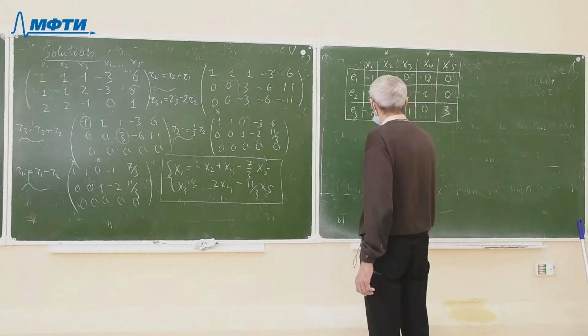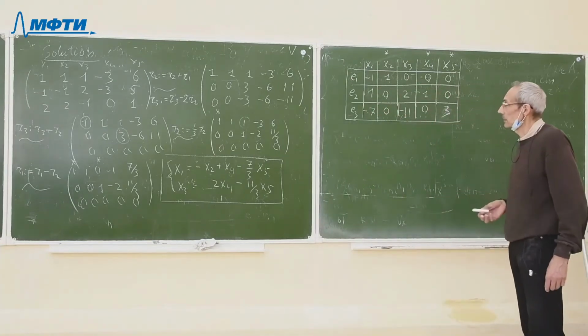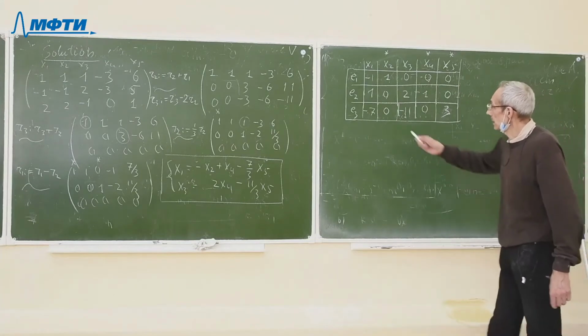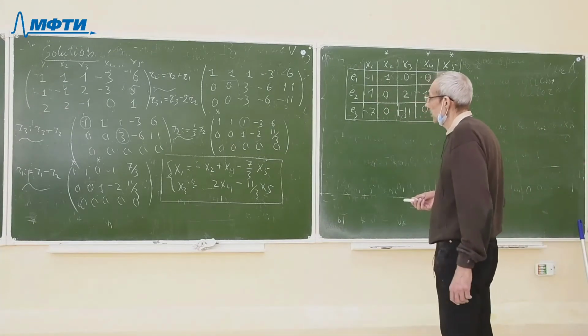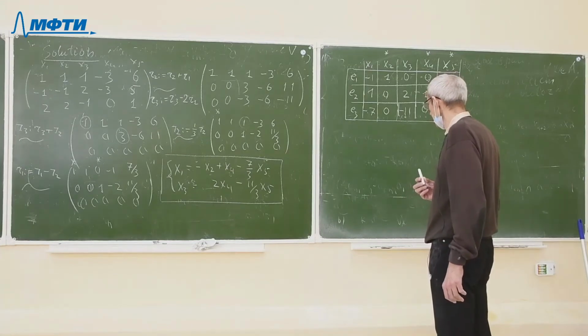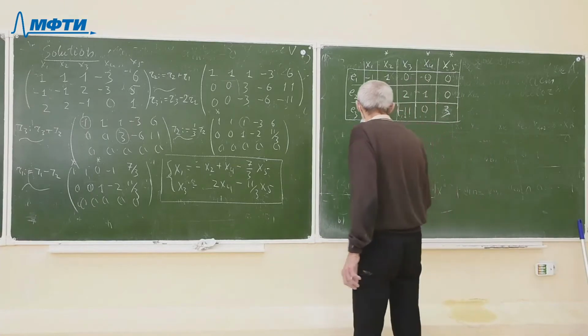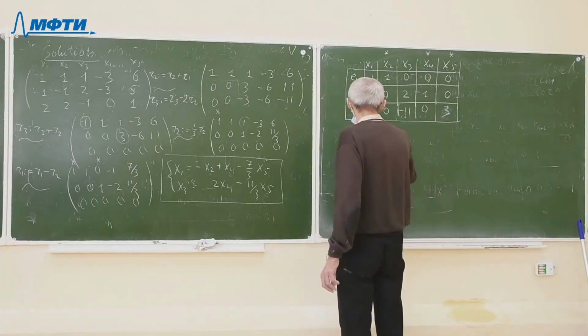Easy to see. More convenient for us, we write these numbers as columns.